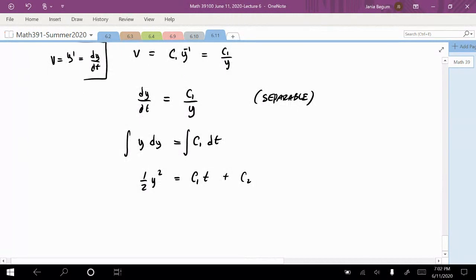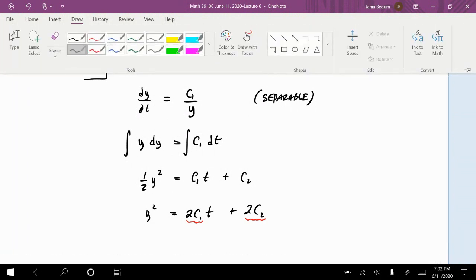So that's our solution. But if you want to simplify this, I can multiply both sides by 2. So we have y squared is equal to 2c1t plus 2c2. Keep in mind that these are just constants, so I can ignore the 2's and just write c1 and c2.